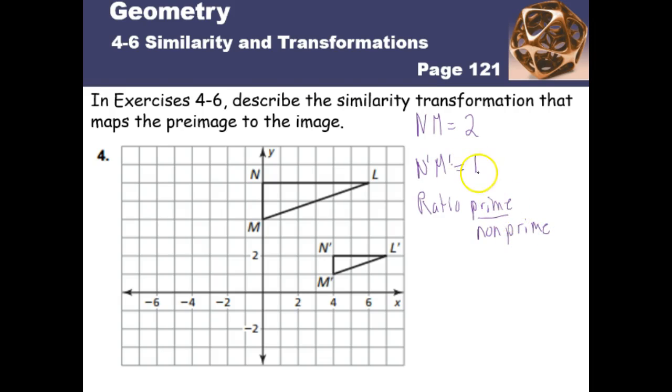So the non-prime measurement here is 2, and the prime measurement is 1. So that means my scale factor, my ratio, is 1/2. So that means I had a dilation where (x, y) gets mapped to (1/2 x, 1/2 y).